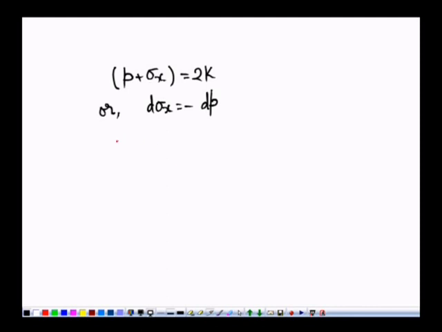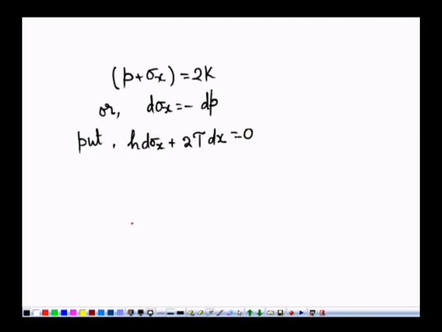If we substitute this in h d sigma x, earlier we had the relation equal to twice tau dx is equal to 0.